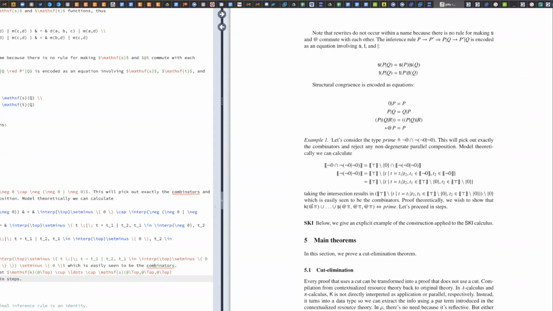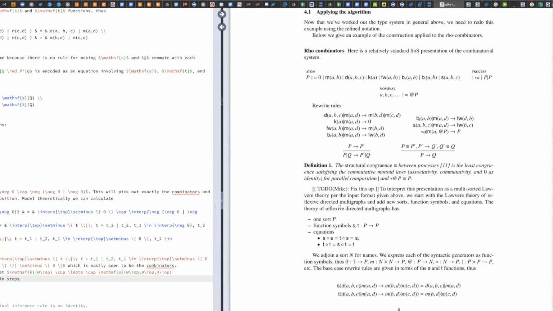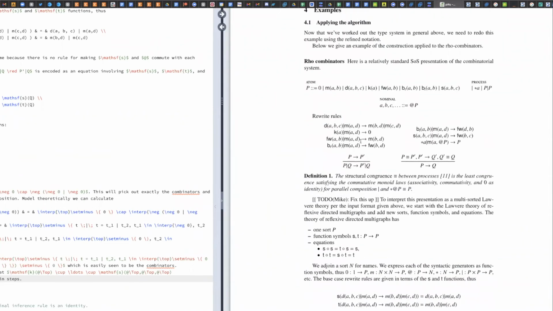So you can put anything here, and then each of the different combinators. So again, we're proving prime for the row combinators. That means for each of these things, we get a corresponding type constructor, which is the underscored thing.